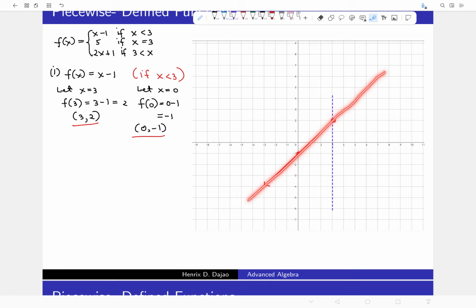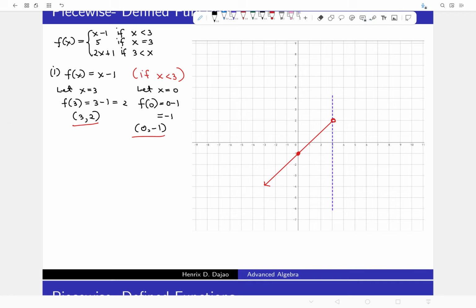But we are not including this part of the graph because it's not part of the domain. Since this portion right here is those x's that are greater than 3, including this one, we will not show the point or plot the point here as a solid because 3 is not included in this domain.